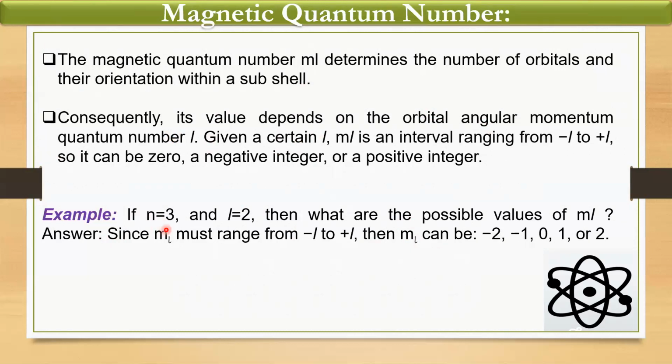So we can have an example over here. If n is equal to 3 and L is equal to 2, then what are the possible values of ml? ml must range from minus L to plus L. Why? Because 2L plus 1: 2 into 2 is 4, plus 1 is 5. So we have minus 2, minus 1, 0, 1 and 2.